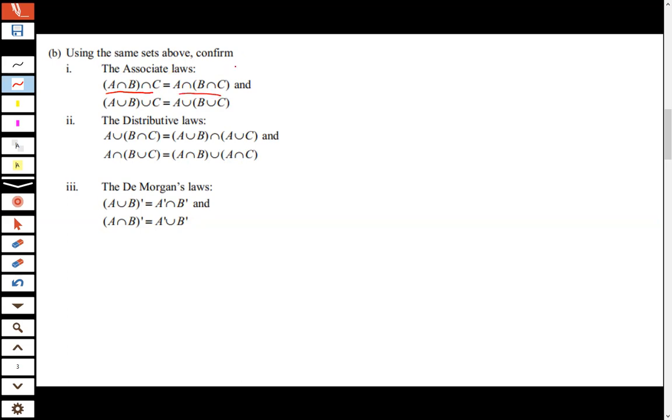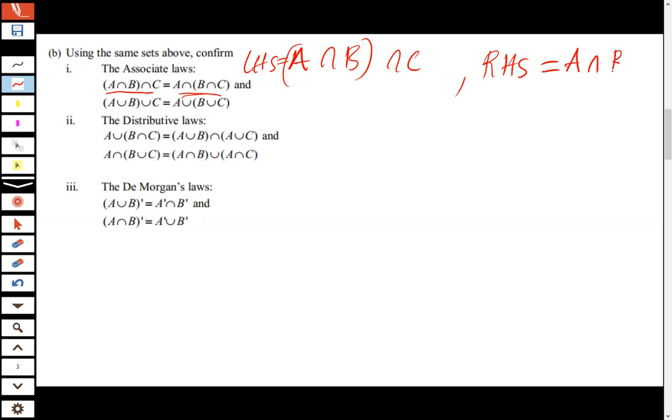Maybe I just go to De Morgan's, because what they want you to find here is, for instance, you start with A intersection B and then intersection C. So you find this one, you say your left-hand side is equal to this, then you also find your right-hand side, which is A intersection B intersection C. First you find A intersection B, and then you intersect it with C. You find your answer here.